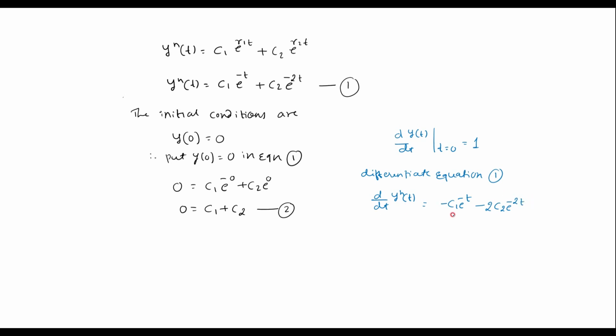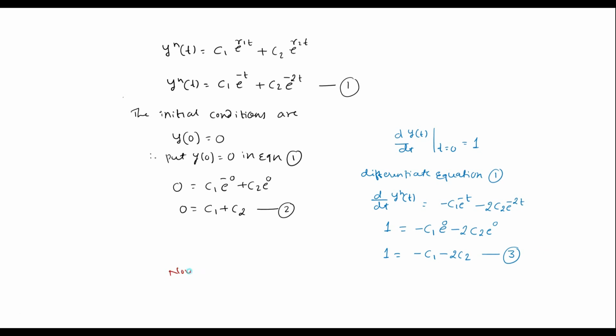Now in this equation we'll substitute the initial condition, dy(t)/dt at t equal to 0 is 1. So 1 is equal to minus c1 e^0 minus 2 c2 e^0, that is 1 is equal to minus c1 minus 2 c2. We'll call it equation number 3.